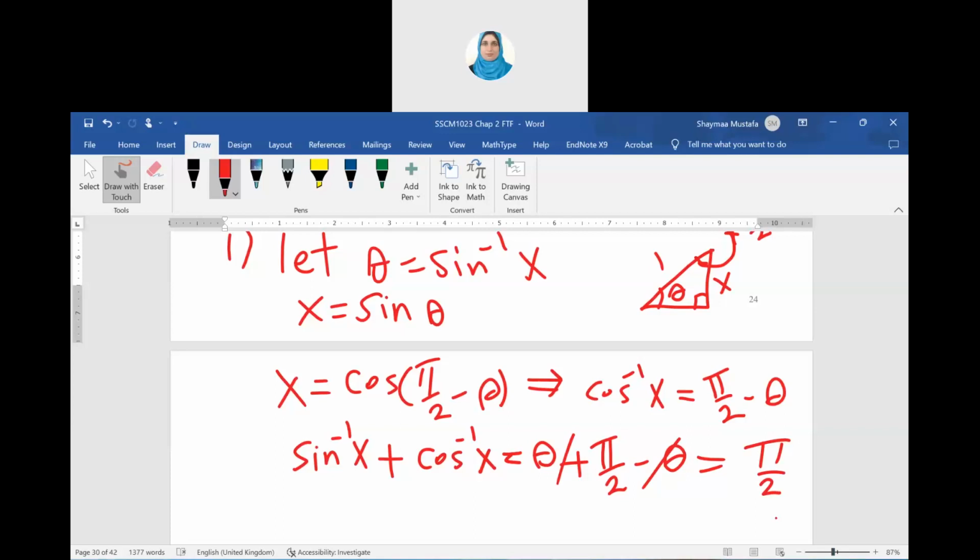Theta will cancel with minus theta, so it equals pi over 2. So this is how we prove the first one.